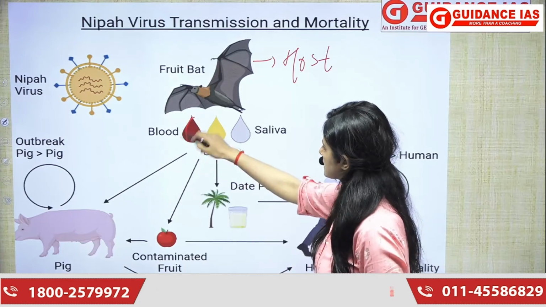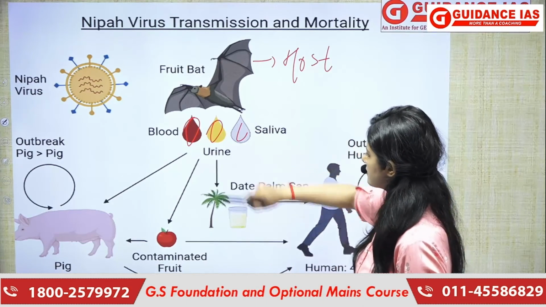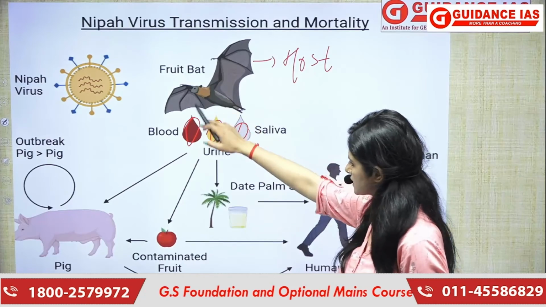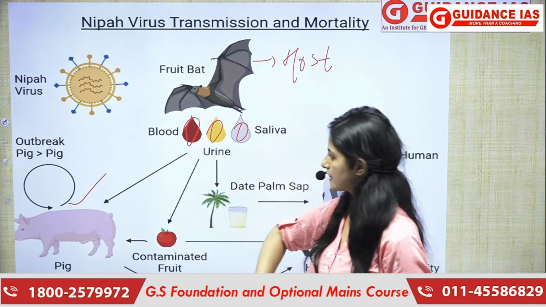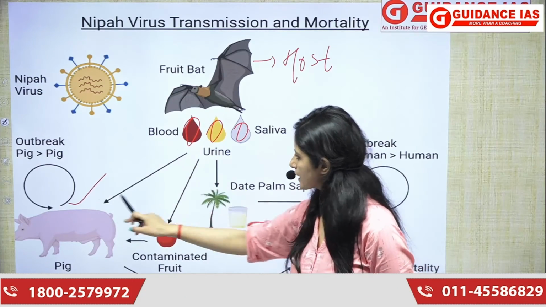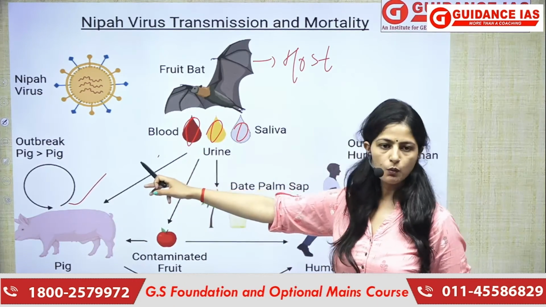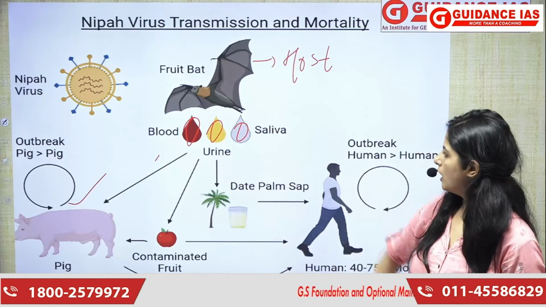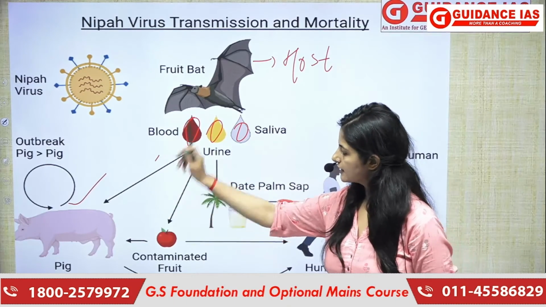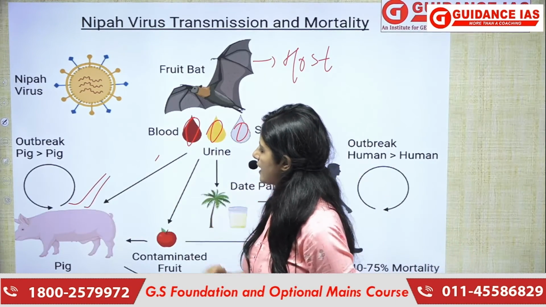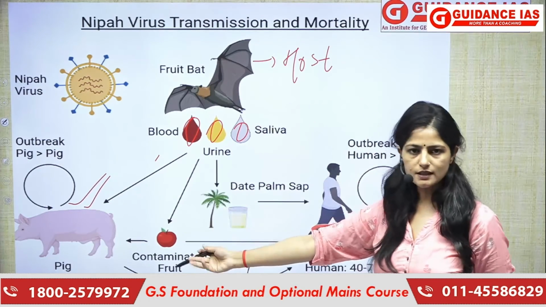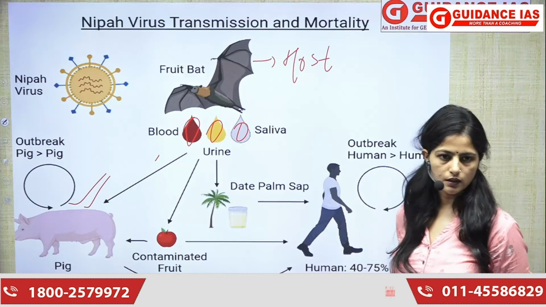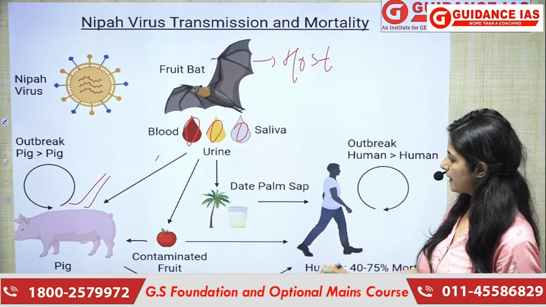If its blood, urine sample or saliva contaminates, or if any animal, for example a pig, comes in contact with blood, saliva or urine, it gets infected by the Nipah virus, and if any fruit comes in contact, it again gets infected.